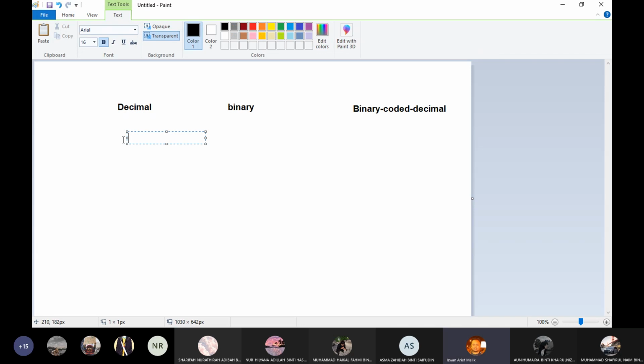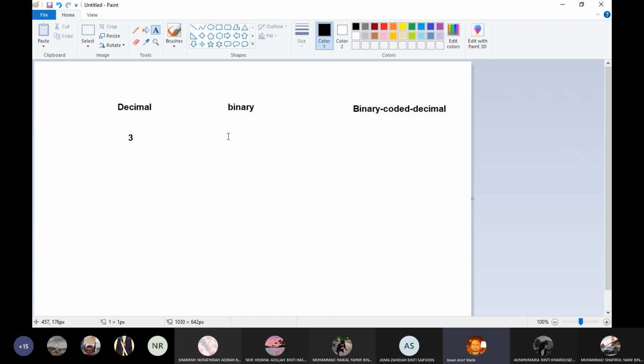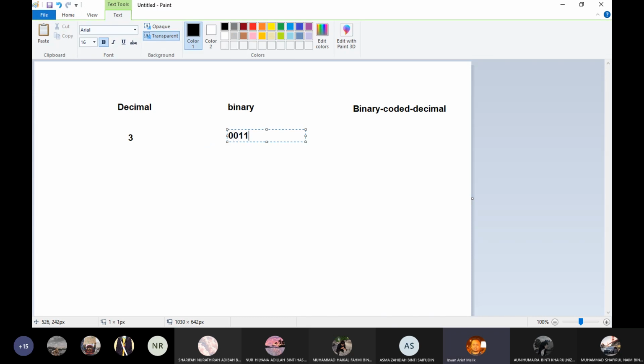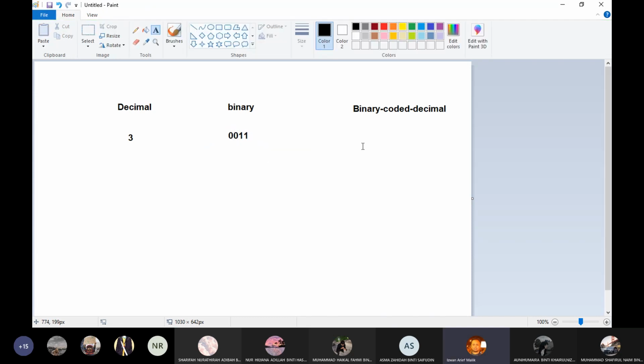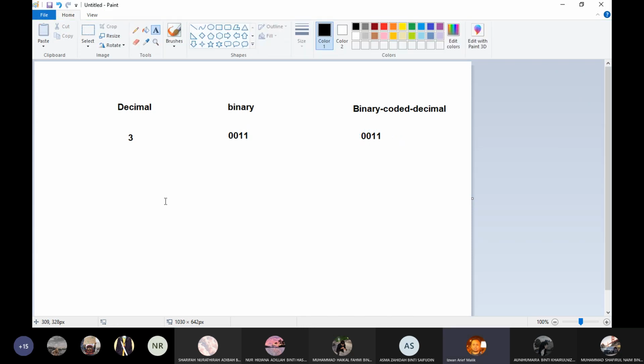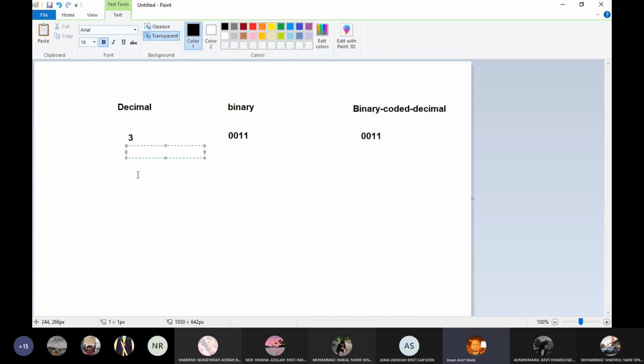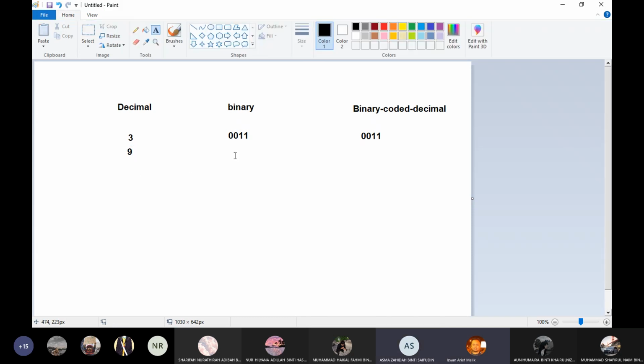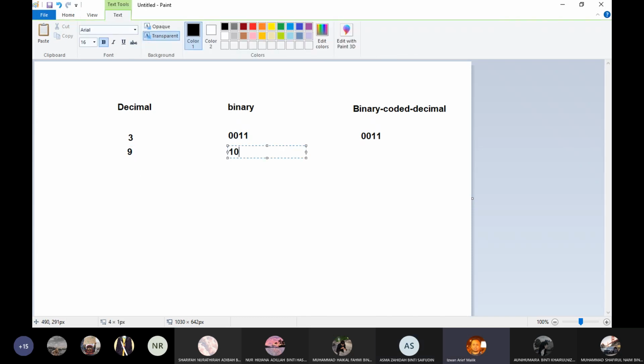Let's say I want to put the number 3. So in binary, 3 is 0011. BCD, it is also 0011. Yes, no problem here, they are the same. Number 9. Okay. So 9 in decimal, binary is 1001.